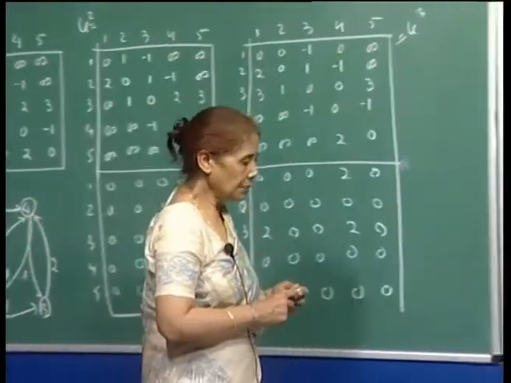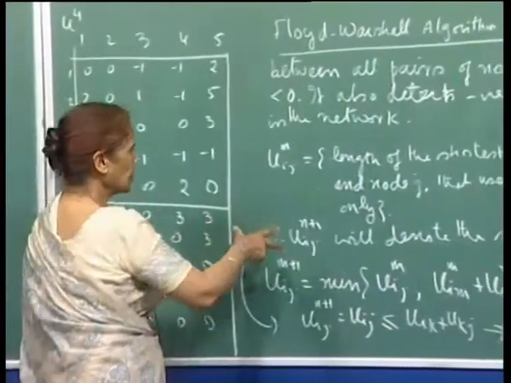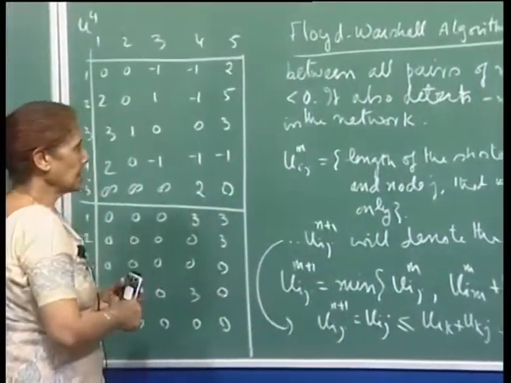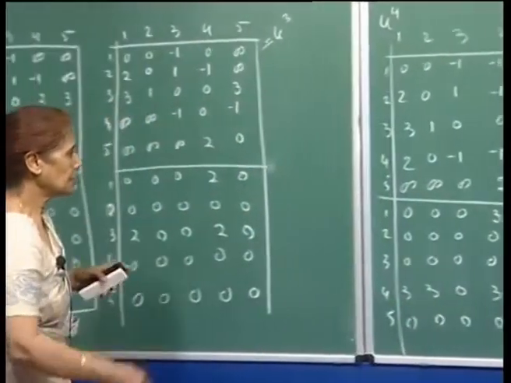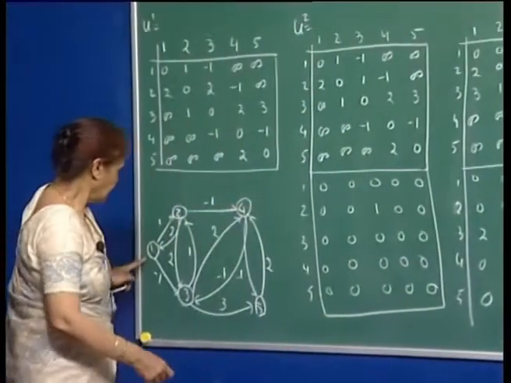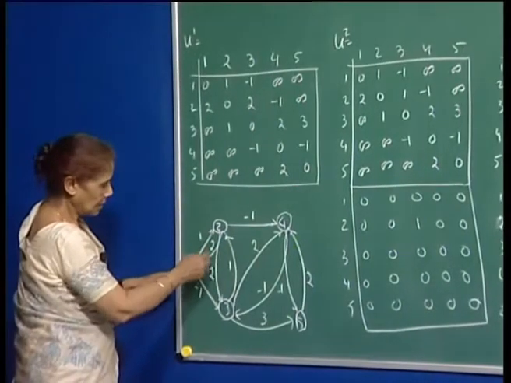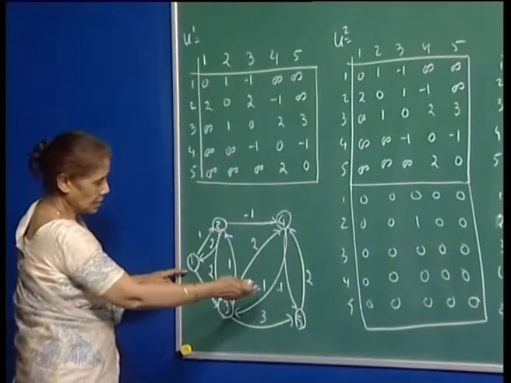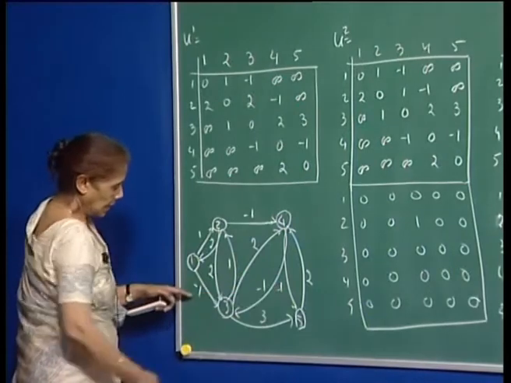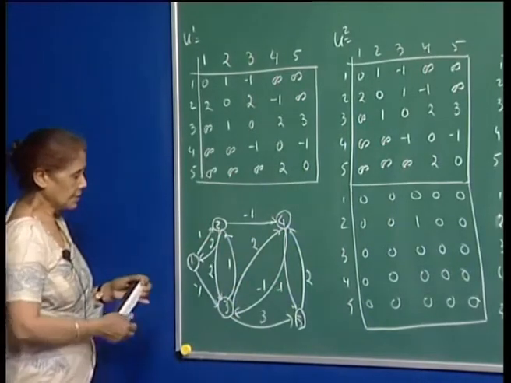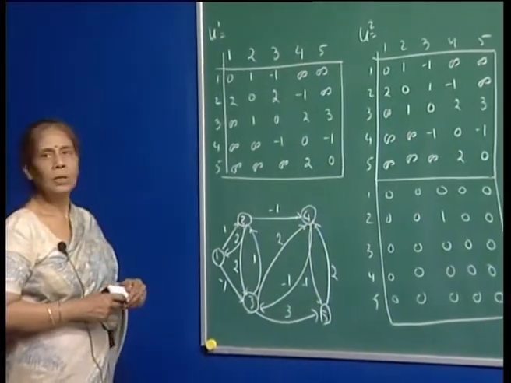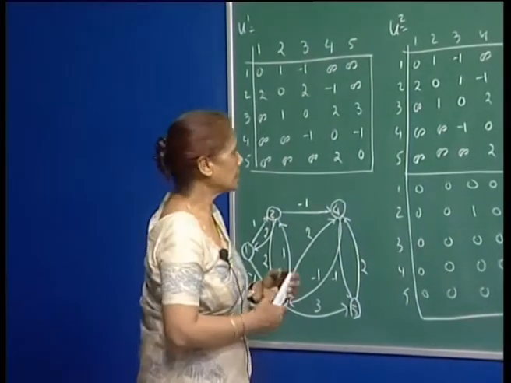Now, we have a very nice way of representing the computations for these quantities through the matrix, and so here let us write out, suppose you are given this network. Again the numbers are the Cij's. You can see that quite a few Cij's are negative, and so let us show the calculations for the Floyd-Warshall algorithm on this matrix.